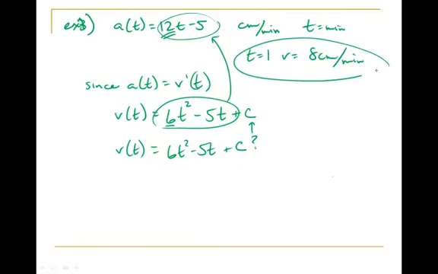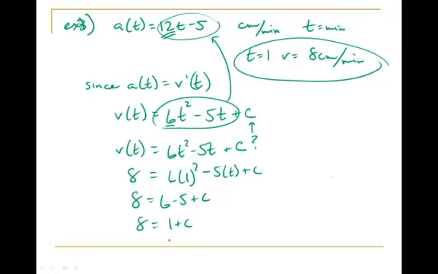Well, they gave me some information. At t equals 1, v of t, or the velocity, was 8. So let's see, we've got 8 equals 6 minus 5 plus c. 8 equals 1 plus c, so c is 7.